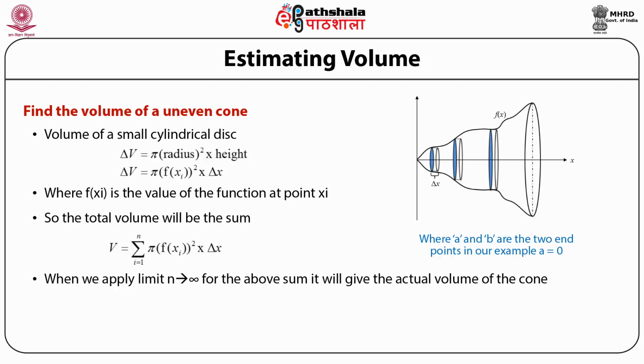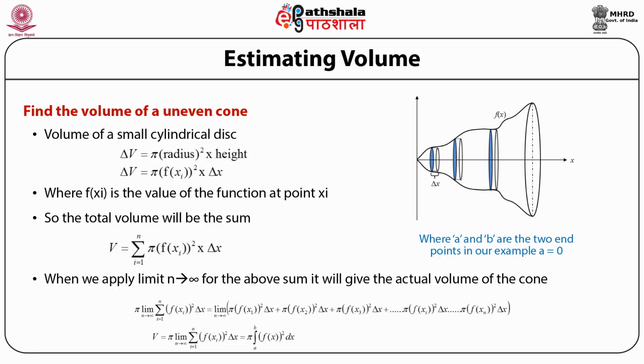So when you apply pi times the limit n tends to infinity of the sum from i is equal to 1 to n of f of xi whole squared into del x, then you can write the same equation that we got earlier. Then we will see that volume V is equal to pi into the integral from a to b of f of x squared dx, where a and b are the two endpoints in our example.